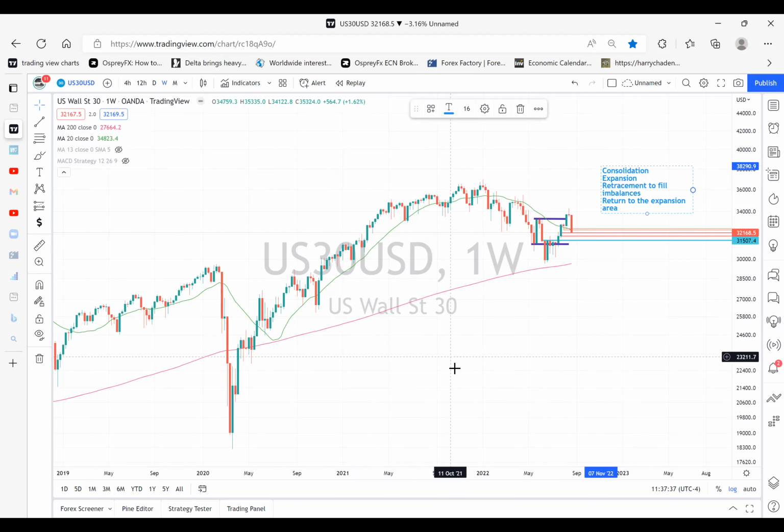Because the order block itself is breaking structure, which is the expansion. Now what we want the market to do is retrace to fill the imbalance in that expansion, which generally causes it to tap into the actual order block. Then we want to take price back the opposite direction, in the direction of the order block, so it can return to the area that it expanded from.